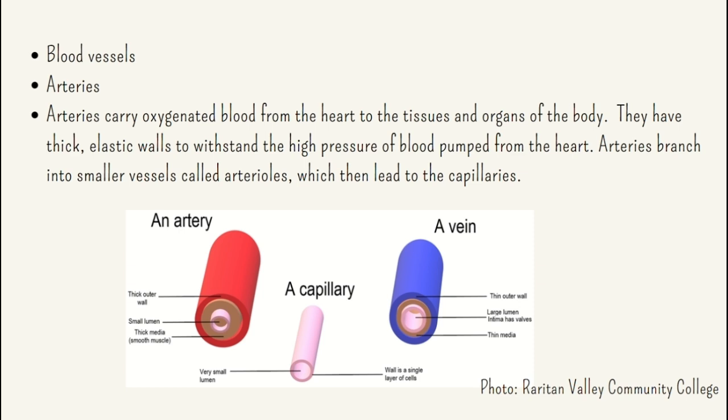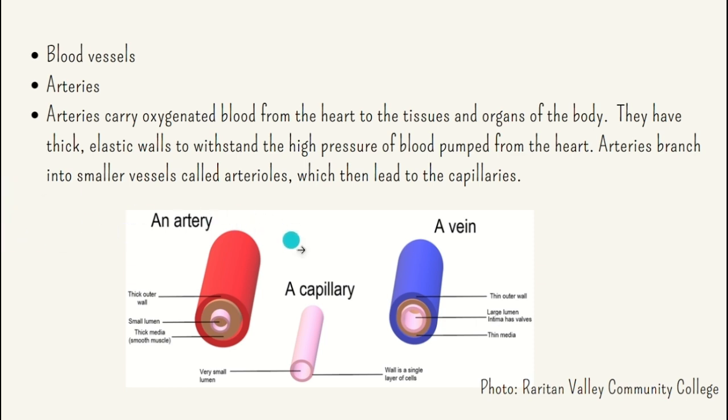Then they have venules and then the vein, but you don't have to necessarily worry about all of that. That's just how it travels. You have the artery, which is the biggest, and arterioles, which are smaller vessels, with the capillaries in the middle, then the venules and then the vein. As I said before, the arteries are usually the biggest blood vessel.